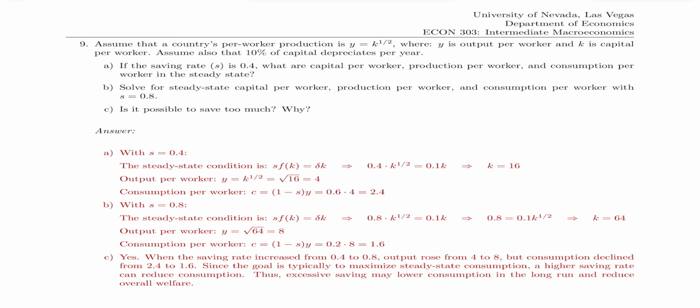B. With the saving rate at 0.8, capital per worker lowercase k equals 64. Output per worker lowercase y equals the square root of 64 equals 8, and consumption per worker lowercase c equals 1.6. C. Saving more increases output but reduces consumption. That means too much saving can lower long-run consumption and overall welfare.